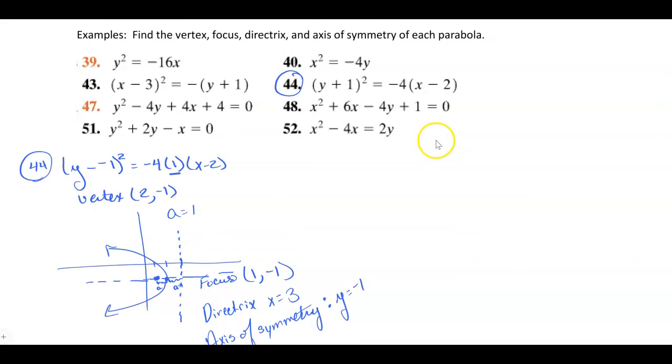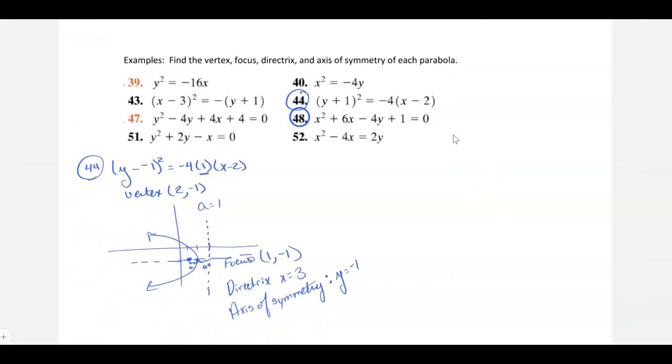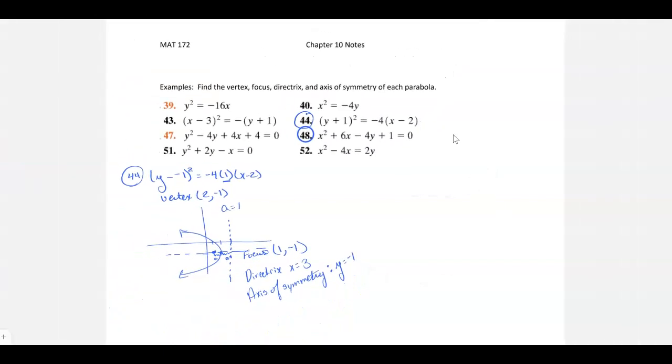Okay, let's do one more. Let's look at number 48. So 48, we're going to have to complete the square before we start. So we're going to group the x terms together. So I've got x² + 6x.